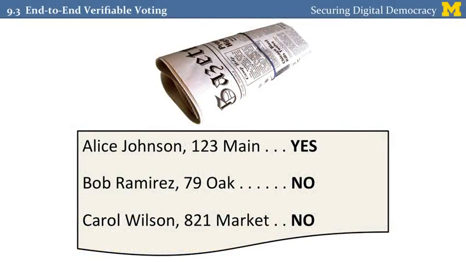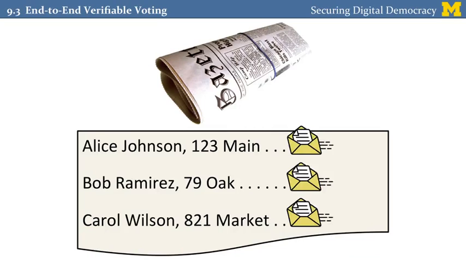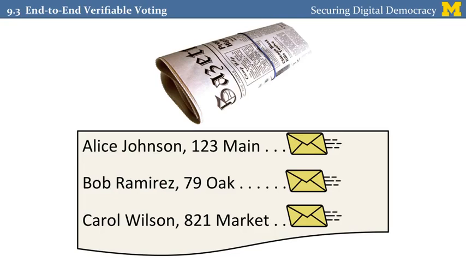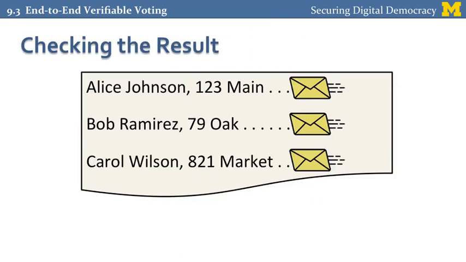We're also going to have to change the way that the election results are posted. Instead of publishing in the newspaper the way everyone voted, we're going to replace those voter choices with the same kind of encrypted form of each person's ballot. So now you have a way to check your result and to check that it's actually been incorporated into the count.